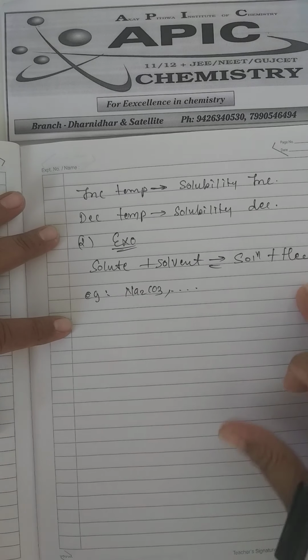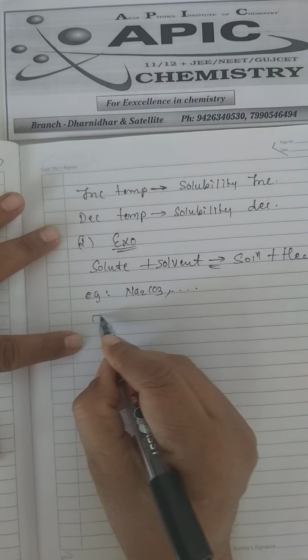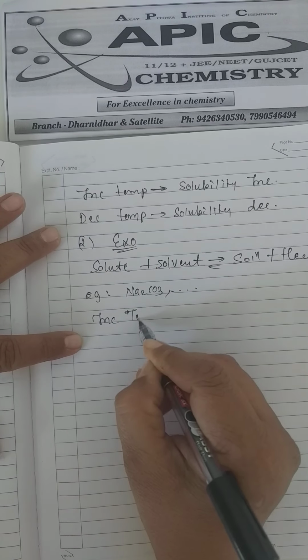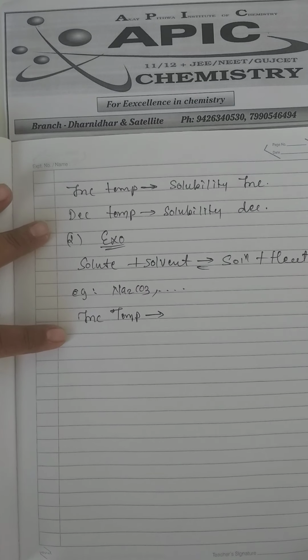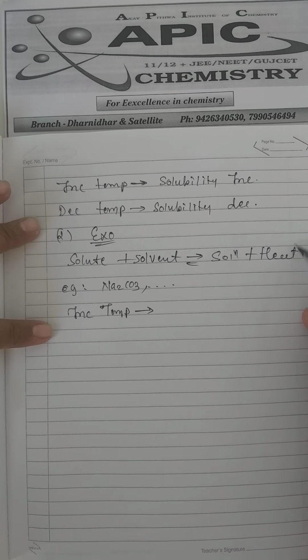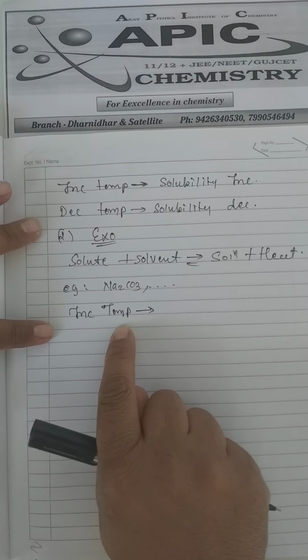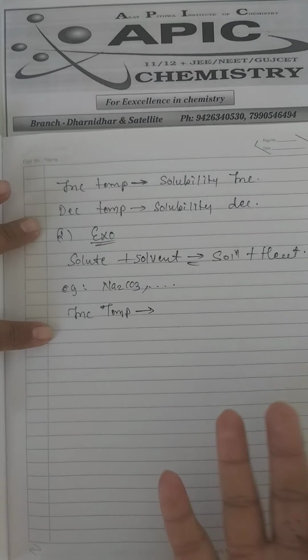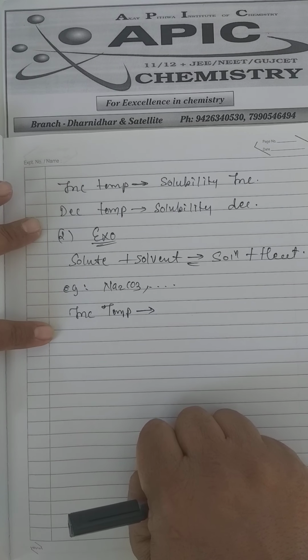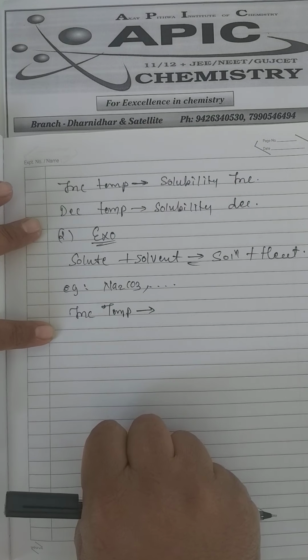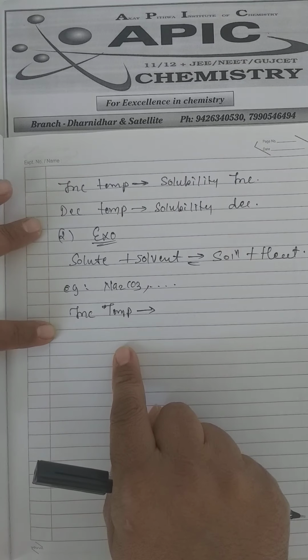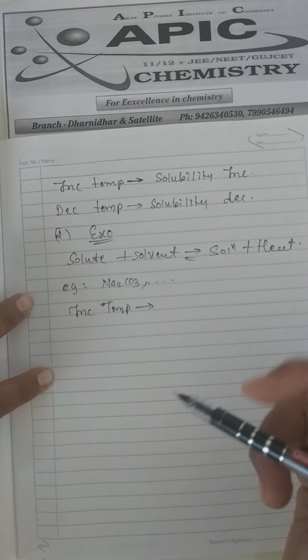It releases heat. So again, let's discuss what happens to the solubility if we increase the temperature. According to Le Chatelier principle, when we increase the temperature of the system, the equilibrium will try to decrease the temperature, so it will go in the backward direction.